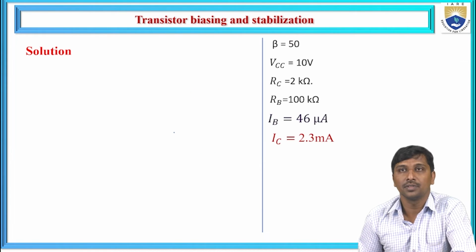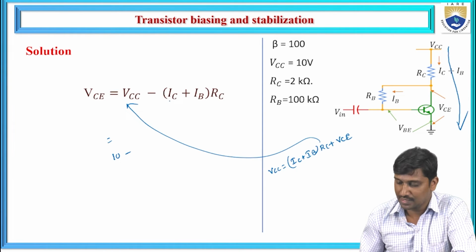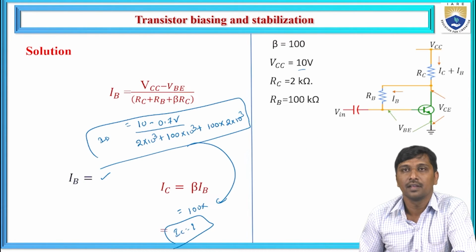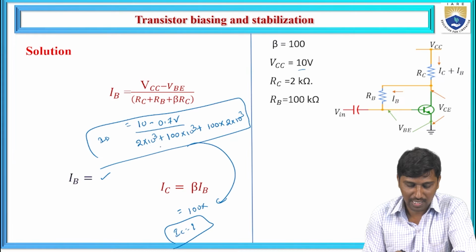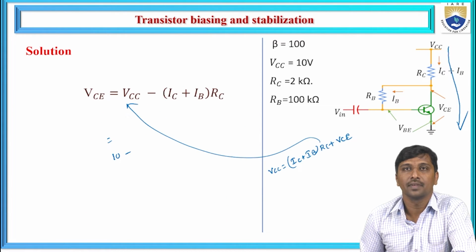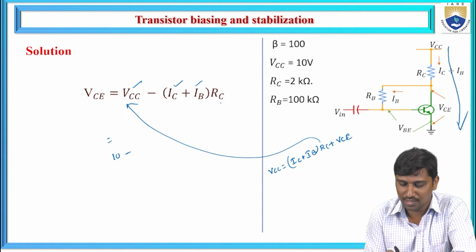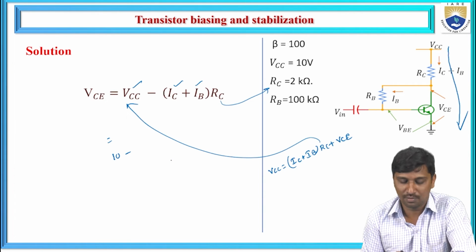So now we can substitute these values. VCC is 10 volts minus, in the previous case, we observed the IC value and IB value. Now we can substitute this in this relation: substitute the VCC value, and the IC value and IB value. RC is a known parameter, 2 kilo ohms.